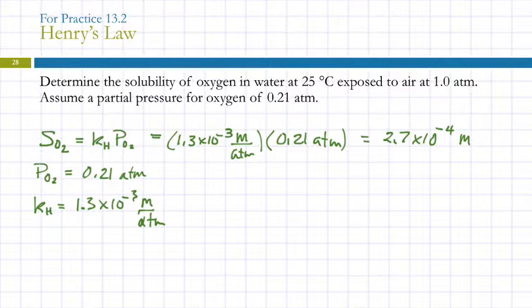So 2.7 times 10 to the minus 4 moles of oxygen per liter of solution. Any questions?